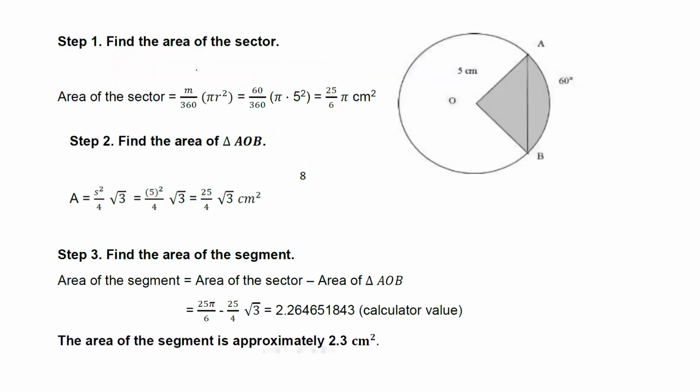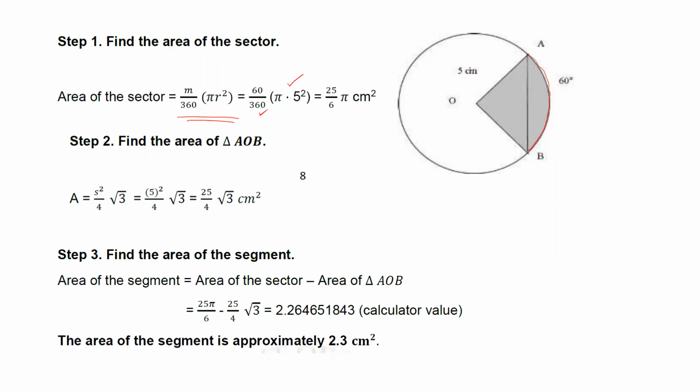Now, first step, the area of the sector. Earlier, the measure of the arc divided by 360 times the area of the circle. So in this case, the radius is 5. Following the formula from before, your M is 60, this arc is 60. So 60 over 360. 360 is constant.